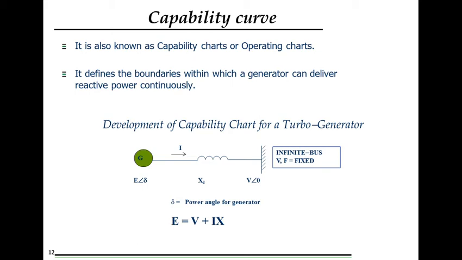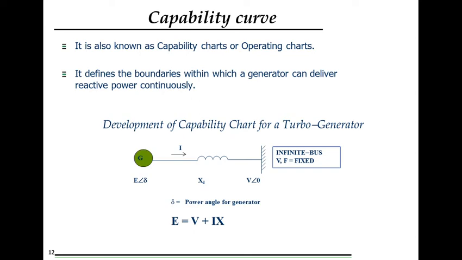The capability curve of a generator defines the boundary within which it can deliver reactive power continuously without overheating. Generator rating is specified in terms of kVA and power factor at a particular terminal voltage.